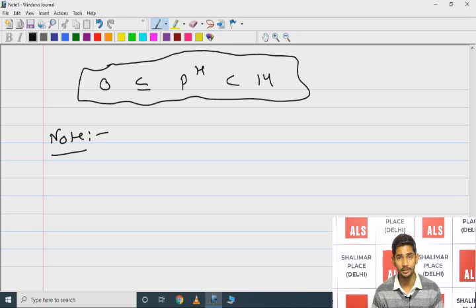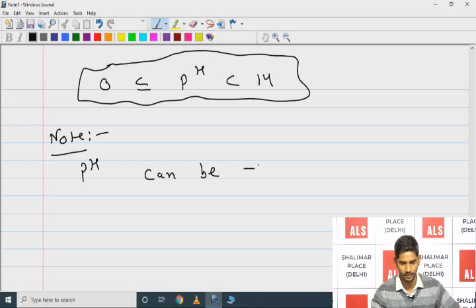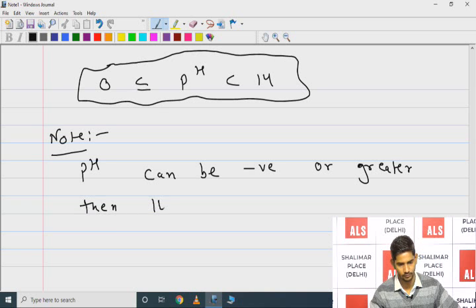If you change the temperature, the dissociation constant for water will change, and it means that the pH and pOH can also change. So what you have to remember is that pH can be negative or greater than 14 if temperature is changed.